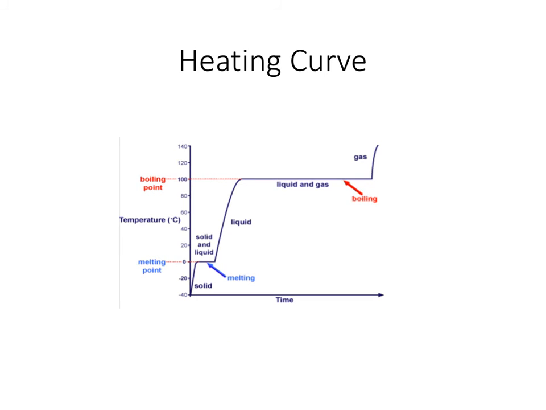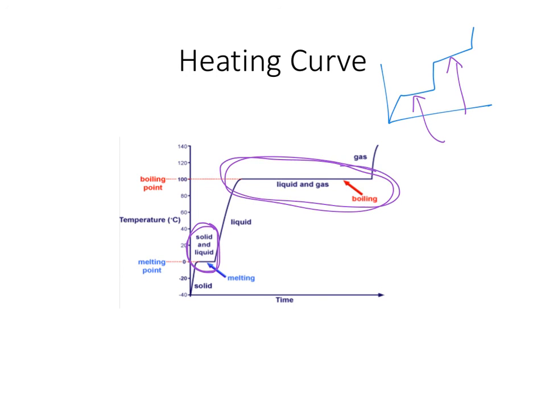Let's look at the actual heating curve and relate it to this. So this is the same heating curve as you saw before, but in this case it is to scale. When I was typically drawing the heating curve in our thermochemistry unit, I made these lines the same length just because that was easiest to do and easiest to draw. But really the solid and liquid lines should be much smaller, and the liquid and gas line should be much larger.